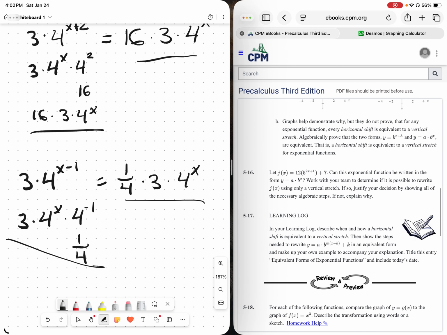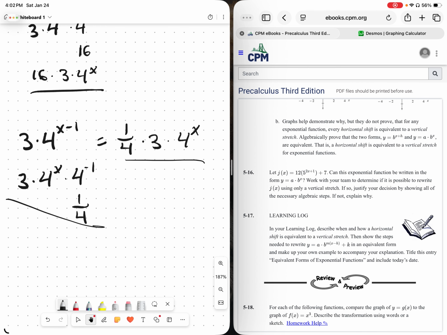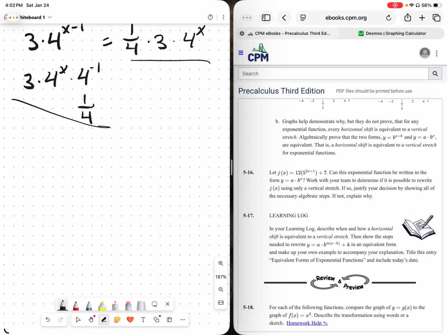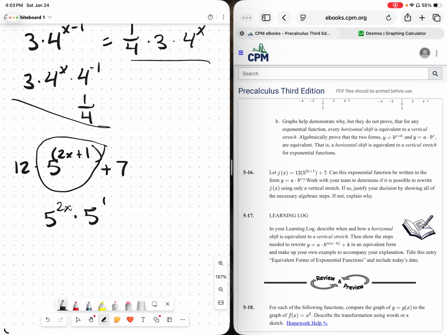Then let's look at 16 and make this make sense. j of x is 12 times 5 to the 2x plus 1, plus 7. Can this exponential function be written in the form a times b to the x? Here's the deal: we can clean this up all day. 5 times 2 to the x times 5 to the first, then we can change this to 5 squared to the x.